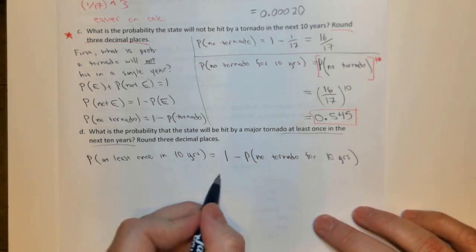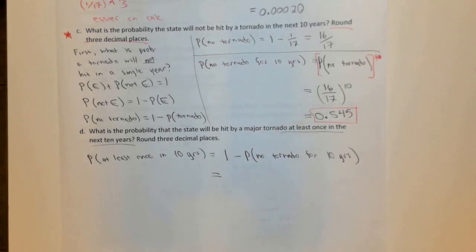Okay, what's happening there? Well, the probability of at least one tornado, that means year 1 could have a tornado and none others, or year 2 has a tornado and none others, or year 3 has a tornado and none others, or year 1 and 2 has a tornado and no others, etc. There's a lot of iterations that could occur.